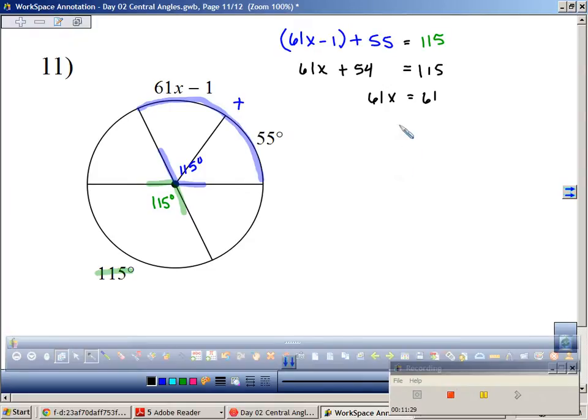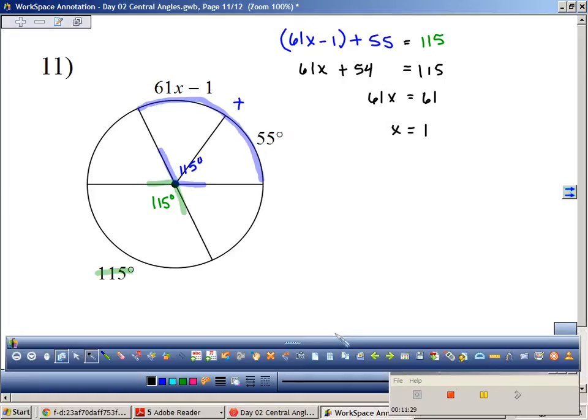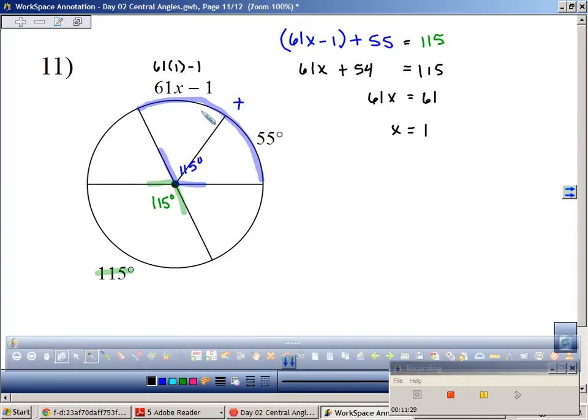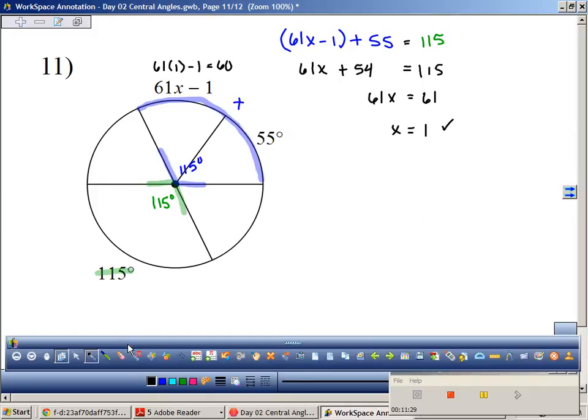If I divide both sides by 61, I get x equals 1. I could check that. If x is equal to 1, 61 times 1 minus 1 would be 60. And are 60 and 55 115? It is indeed. So we know that we're correct. Check. So copy that one down.